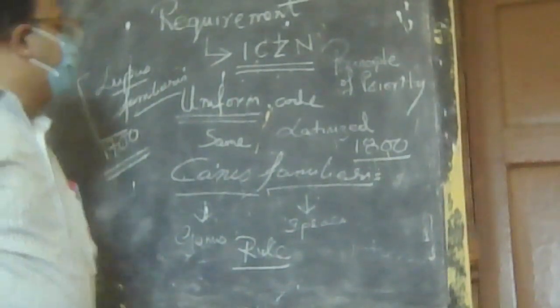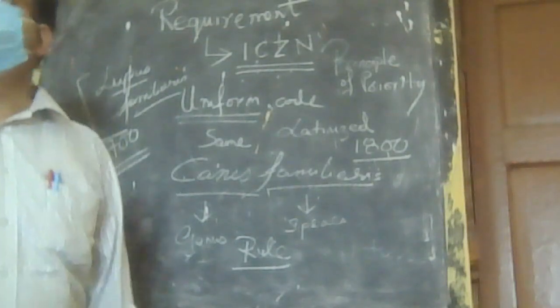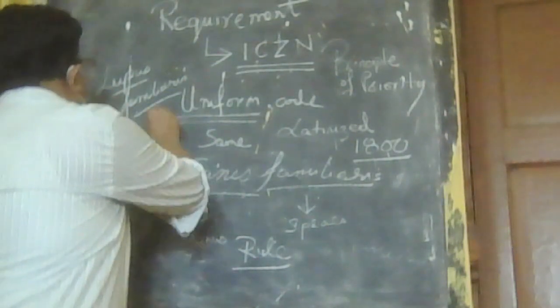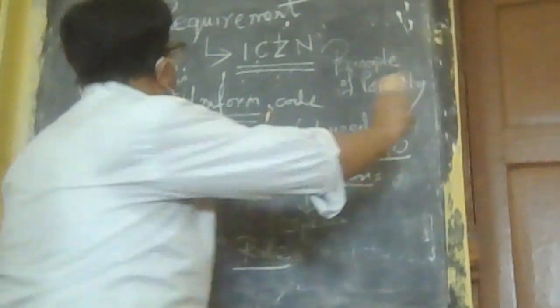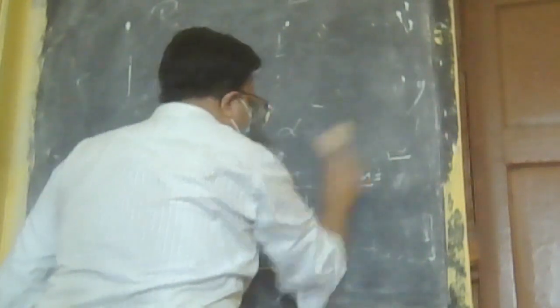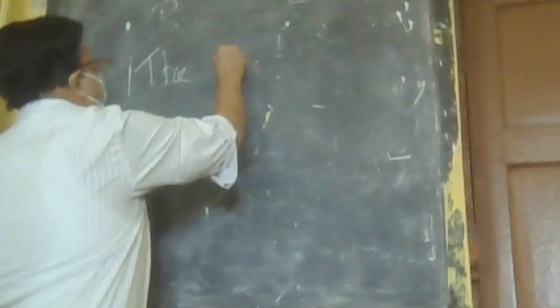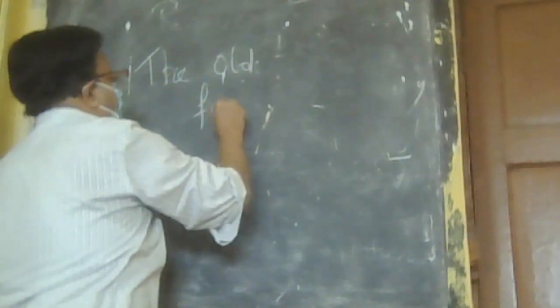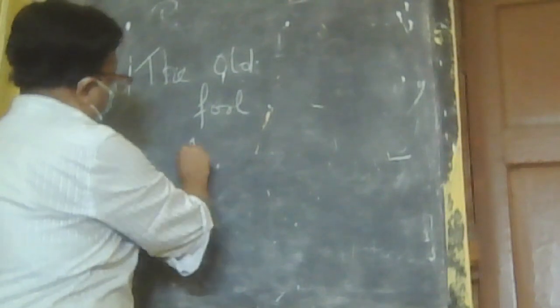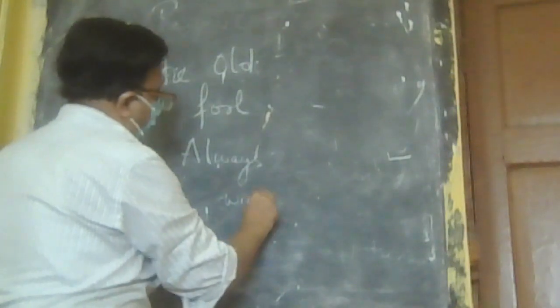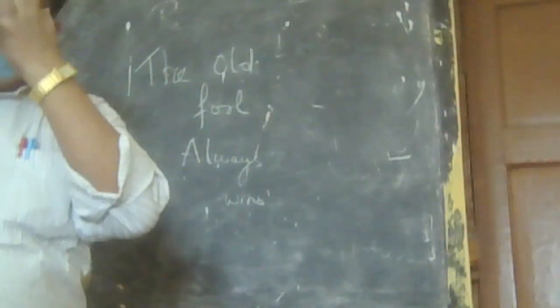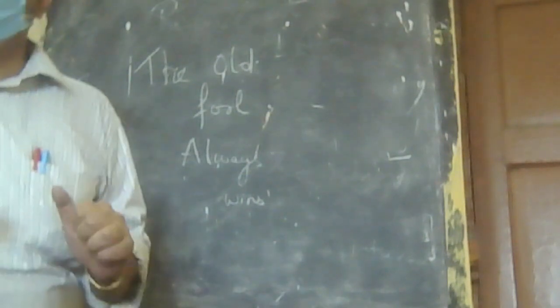So there is a rule, the principle of priority. Which name should you take? Since this was given in 1700, this is the oldest one. So the name which was given before is going to be taken.